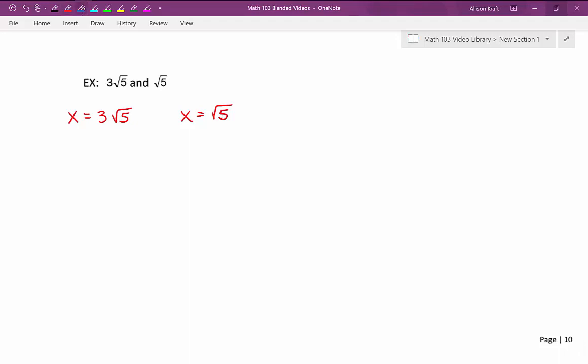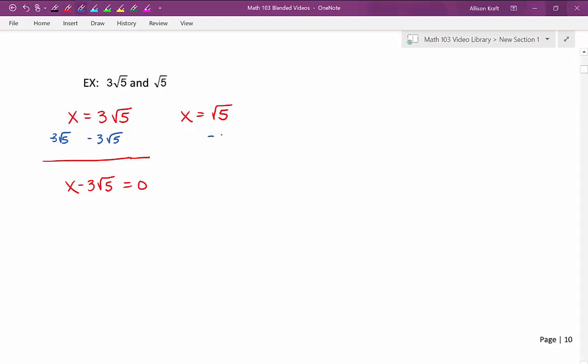Next, we want to set each equation equal to 0. For the first equation, we'll subtract 3 square root of 5 from both sides. This gives us x minus 3 square root of 5 equal to 0.